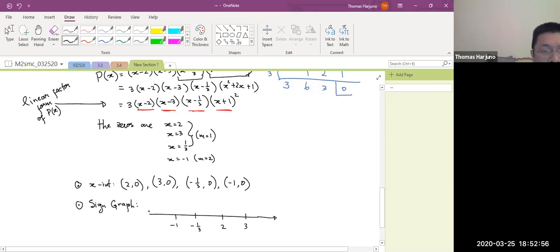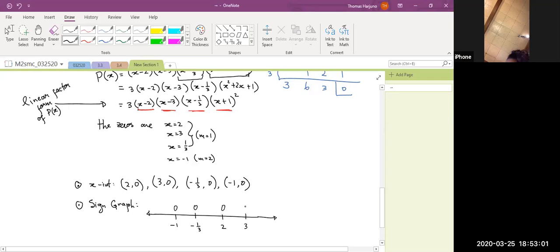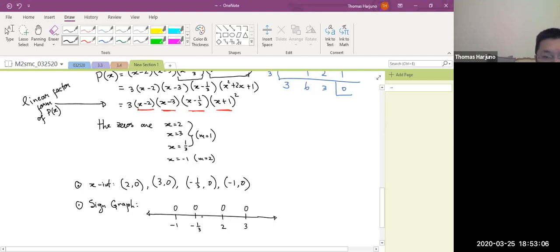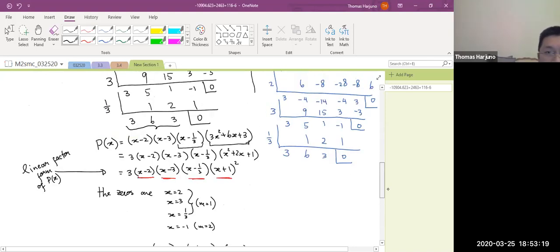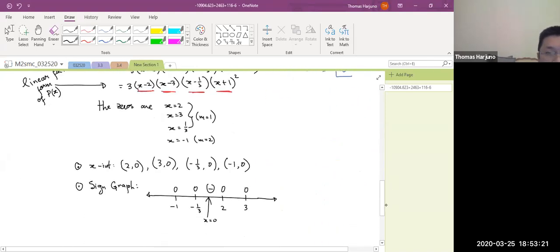What's the y-intercept again? (0, -6). So when x equals 0, the y is negative 6. I just need the sign, right? Yeah, negative. And then using the multiplicity, between 2 to 3, positive or negative?